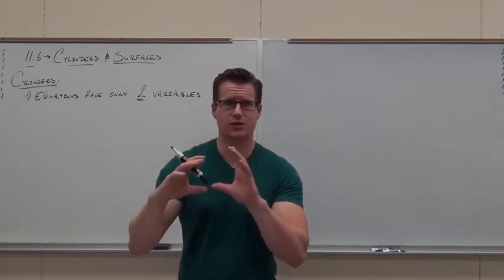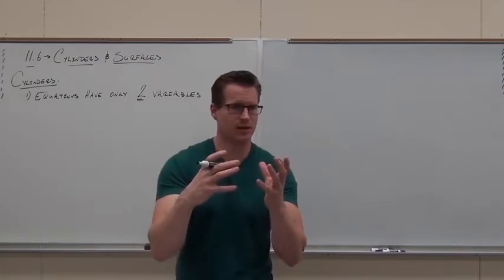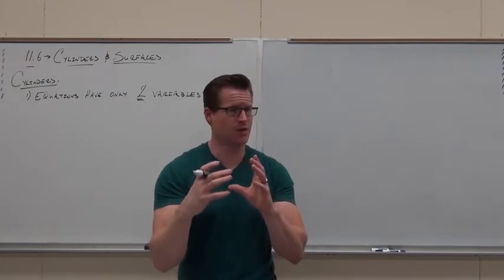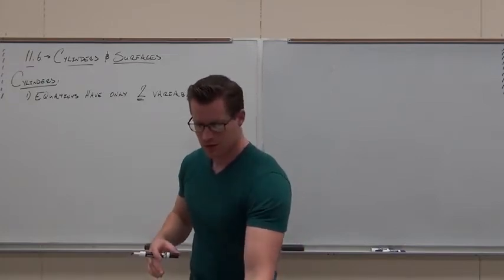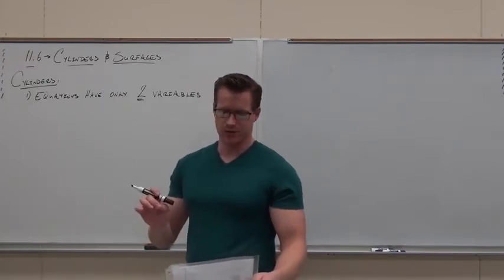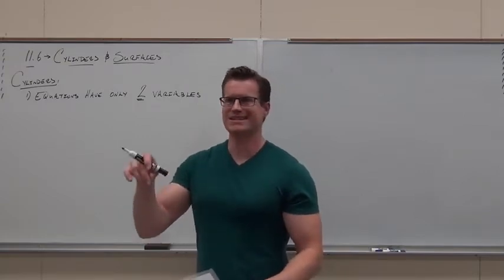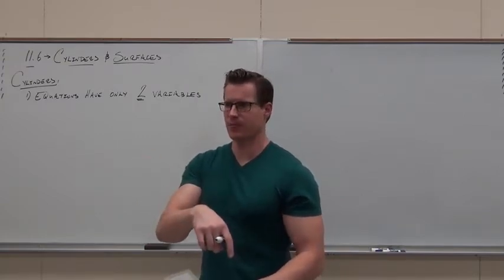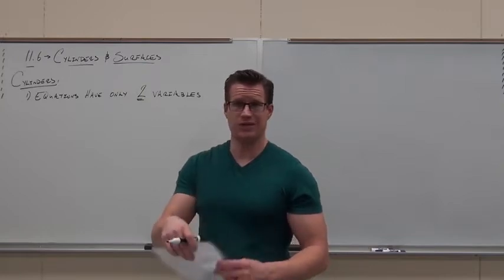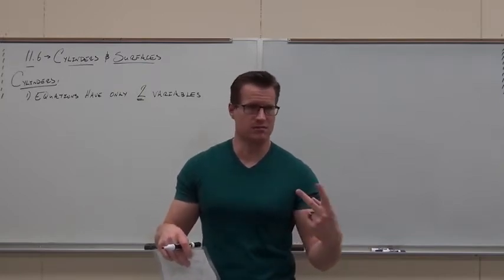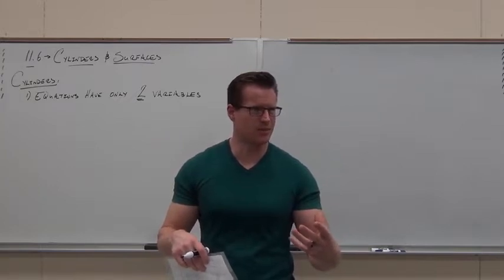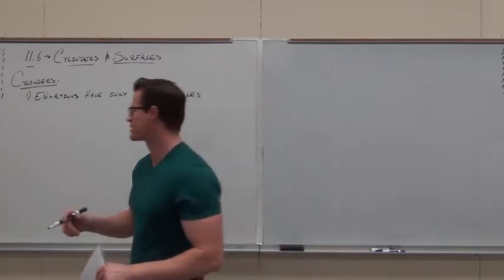If you have x and a z, your trace is going to be on the xz plane. If you have a y and a z, your trace is going to be on the yz plane. So these equations will give you a trace of the curve on whatever plane is denoted by the given variables. How many variables am I going to give you for cylinders? 2. Planes each have 2 variables: xy, yz, xz. Do you guys get the picture of that? Well, you will. We'll literally get some pictures.